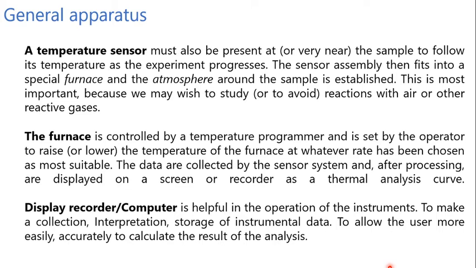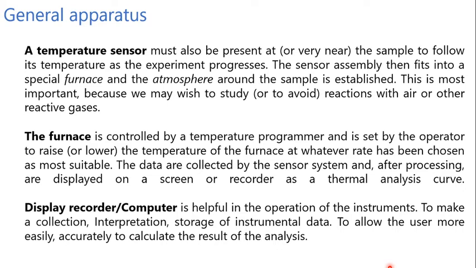The data are collected by the sensor system and processed, and displayed on the screen or recorder as a thermal analysis curve. The display recorder and computer are helpful in operating the instrument to make collection, interpretation and storage of instrumental data, to allow the user to calculate the results more easily and accurately.